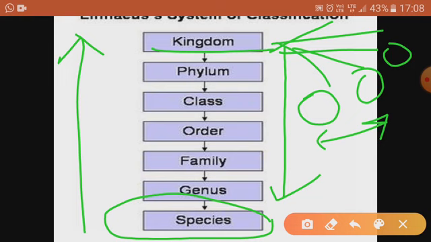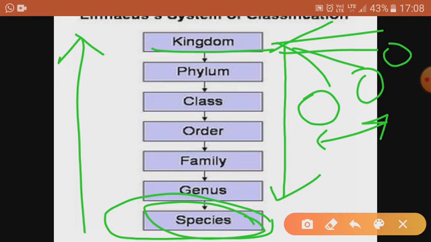But when we go down to the species, it is a group of similar kinds of organisms which can interbreed and produce fertile offspring. They can reproduce among themselves, and they can produce fertile offspring of their own. So these are the 7 categories of classification.